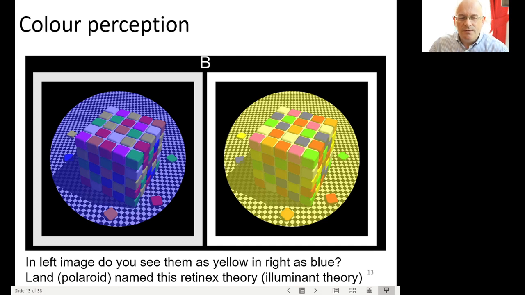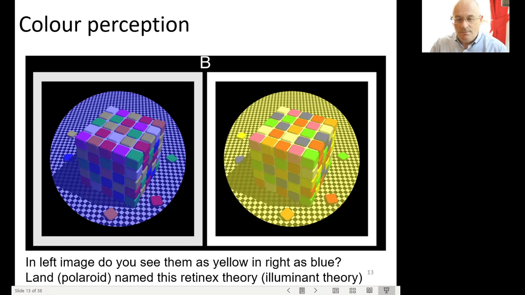And what's going on is, if you look at the surround, one of them looks quite yellow, one of them looks quite blue. The illuminant, the light source illuminating this scene, has been designed to be different in each case, in the sense that one of them is a blue light, one of them is a yellow light. Now, your brain looks at this and says, okay, I'm seeing a square, the colour I'm seeing for that square is grey, but the scene is entirely yellow, illuminated by yellow light.